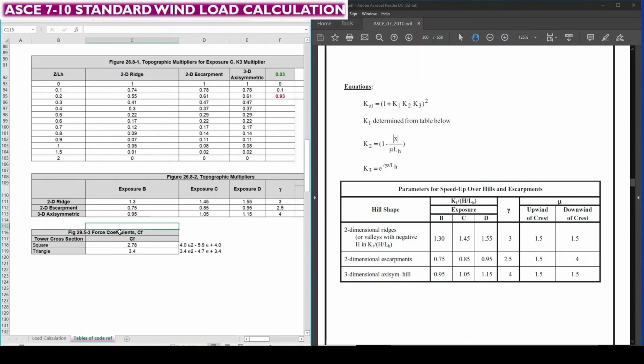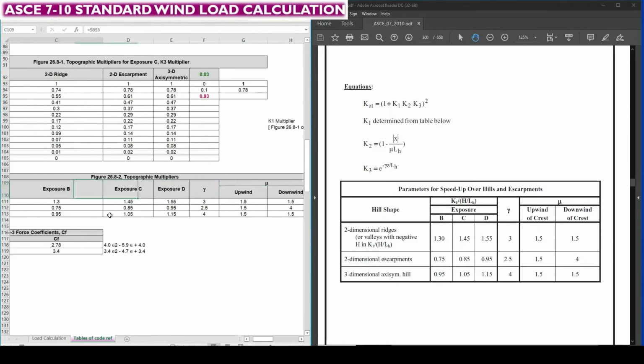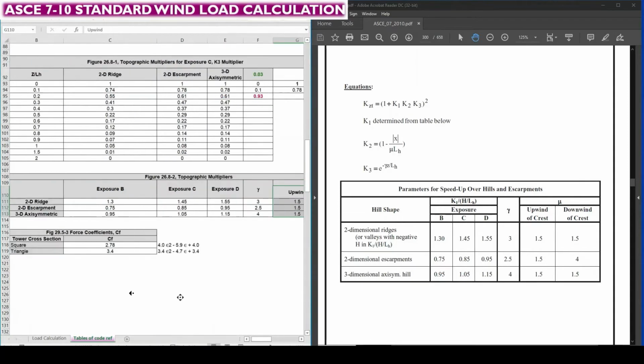This is a table which is extracted from the PDF ASCE 07-2010. Based upon the three types of topographic surface and based upon the exposure category B, C and D, the factors are extracted from this PDF: 1.3, 0.75, 0.95 and similar values for exposure C and D, and the gamma value and the mu value are extracted from this PDF file.